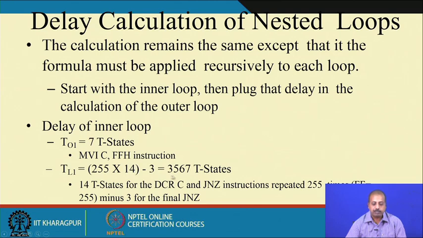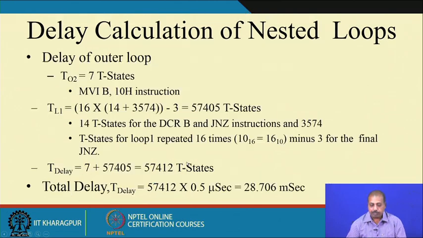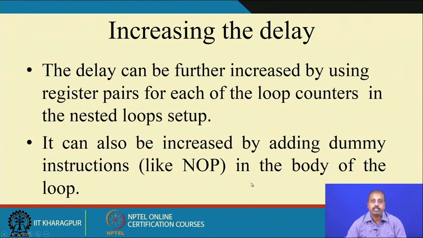As a result, this value will change, and that will finally affect the total clock. So, the total value will get changed, and that will affect the delay. You can put a number of NOP instructions. If you want a slightly more extended delay, you can put a number of NOP instructions in the innermost loop, so that the delay value is increased.